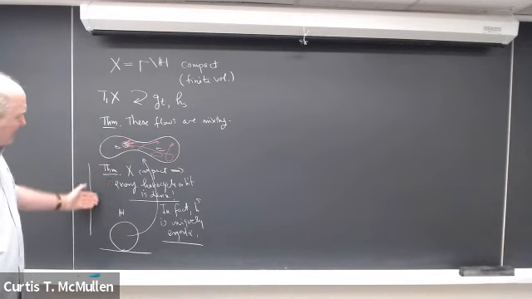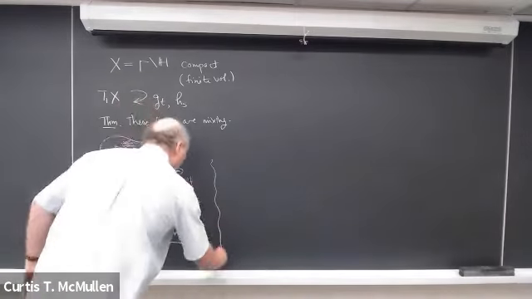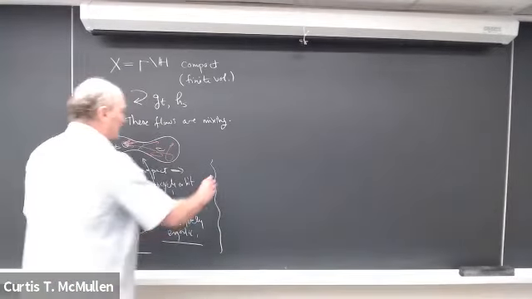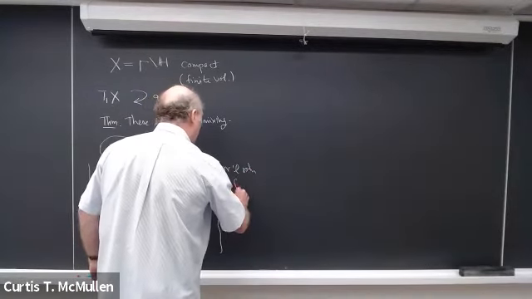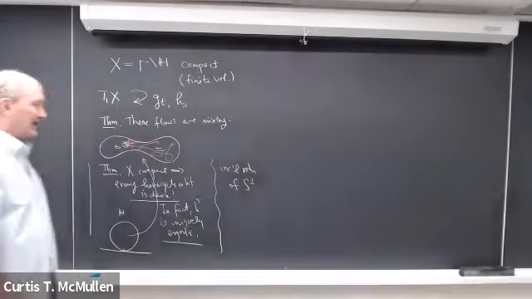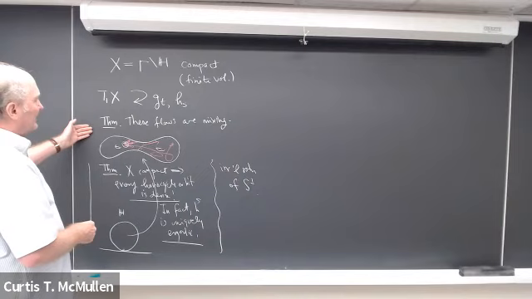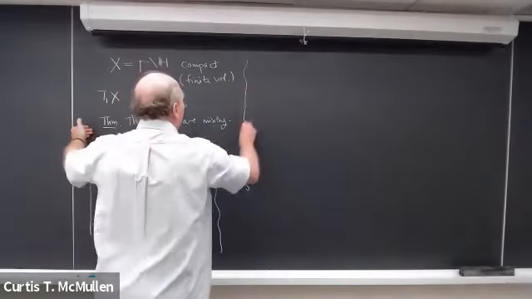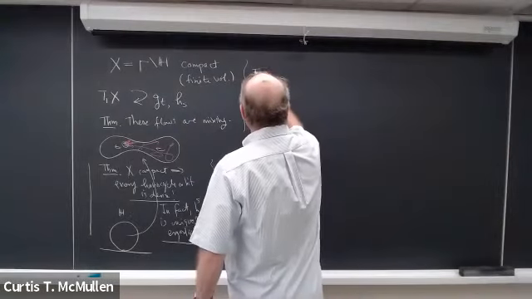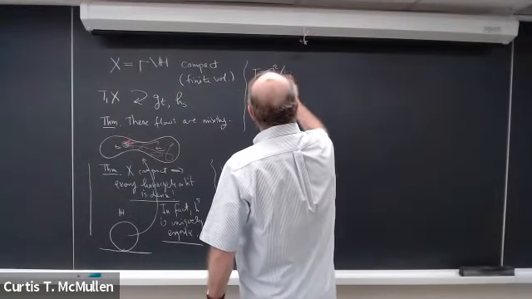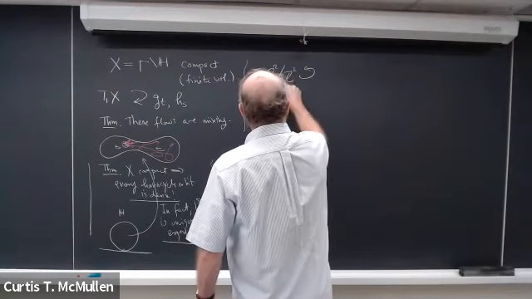And one should really compare these to their baby models. For this, it is an irrational rotation of S1, which we've also seen is uniquely ergodic. And for the geodesic flow, you might compare this to a hyperbolic toral automorphism that behaves somewhat like this.